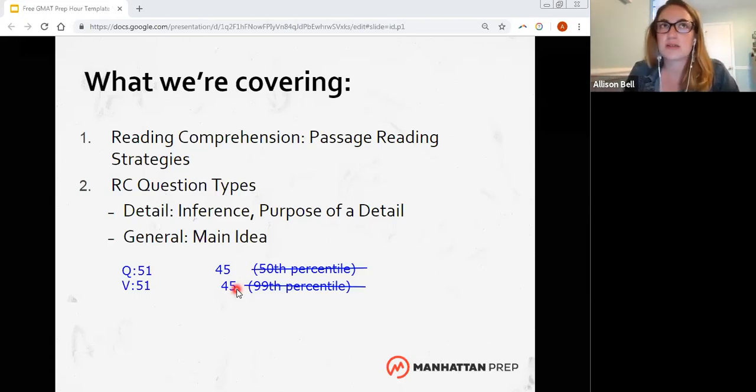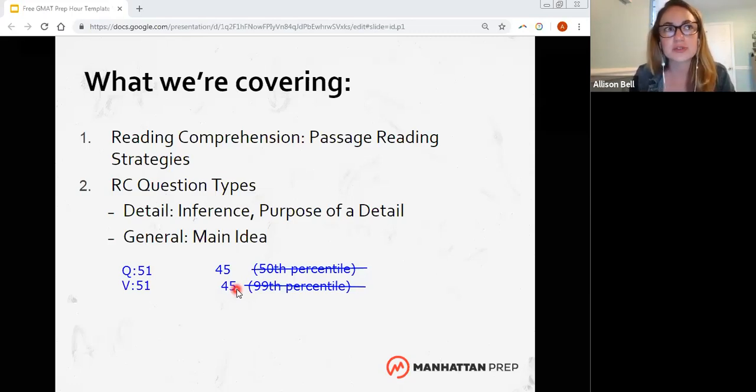One thing that is different about quant and verbal is that a person who is getting a 45 in quant or even a higher score is missing 40 to 60% of the questions in quant. All top scorers are still missing a lot of questions in quant. Whereas in verbal, as you get up to the higher scores, people who are getting a 45 or higher are missing maybe 3 or 4 questions in verbal.